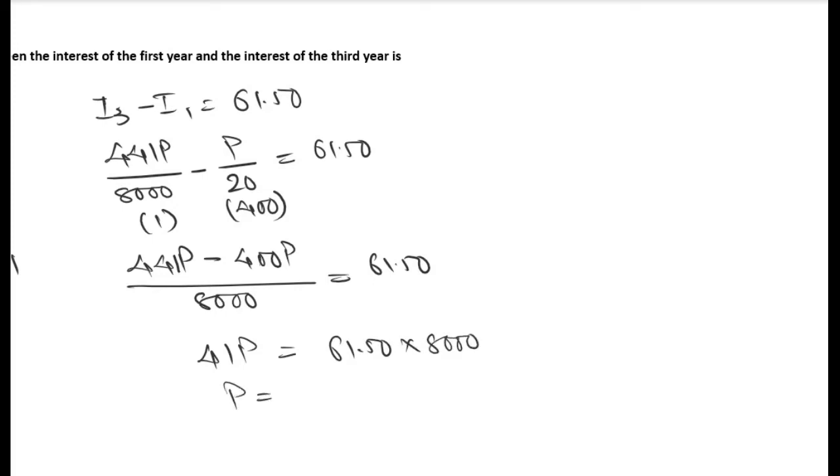So p is equal to 6150, right? 6150 into 80 upon 41. Now we have to calculate this. This will give you 12,000 rupees.